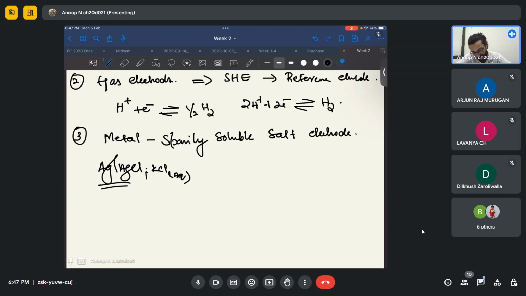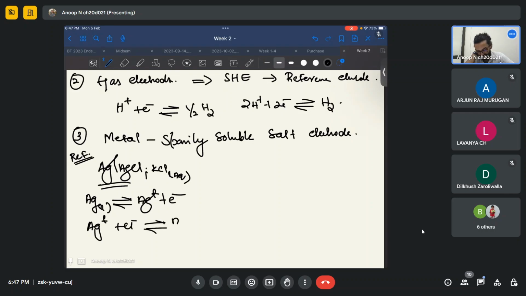This is a non-reference electrode we all use in our lab. So what is the reaction taking place? First Ag solid will give Ag⁺ plus electron. Then this Ag⁺ plus Cl⁻ gives AgCl.